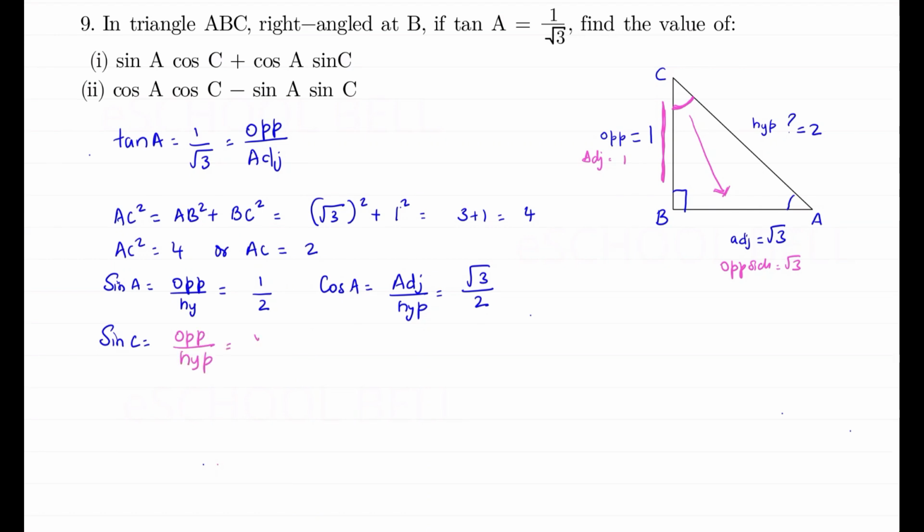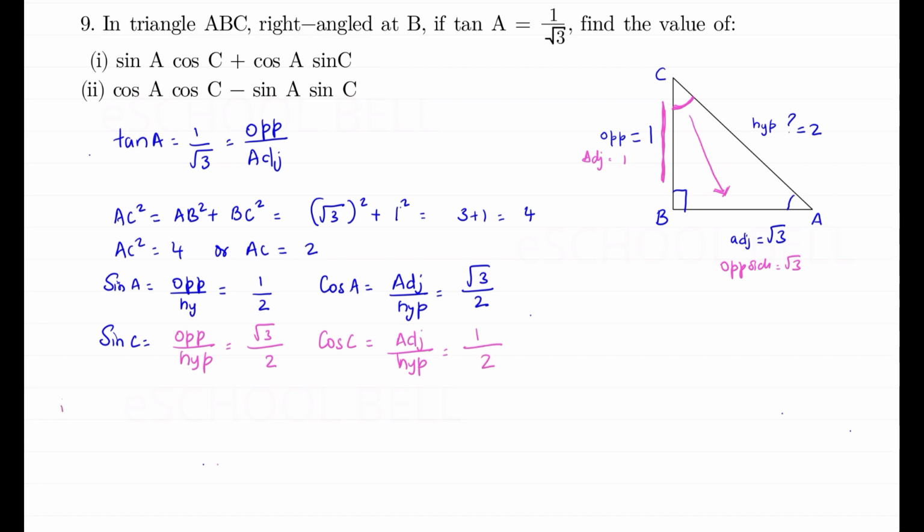Here the opposite is root 3 and hypotenuse is 2. Hypotenuse will remain the same. And cos C will be equal to adjacent by hypotenuse. Here adjacent will be 1 and hypotenuse will be 2.